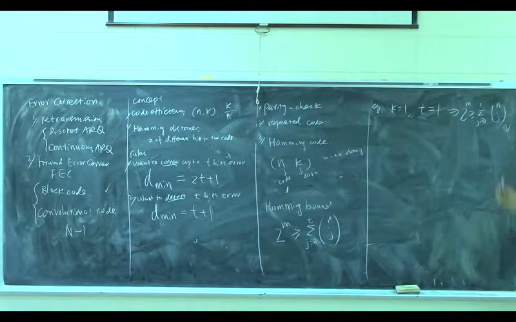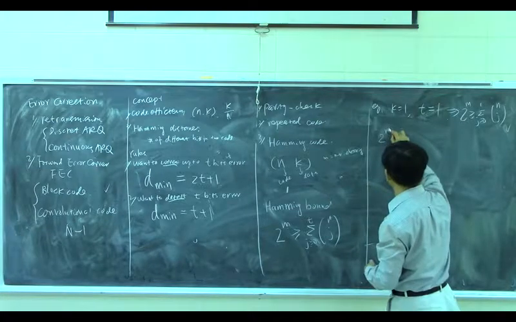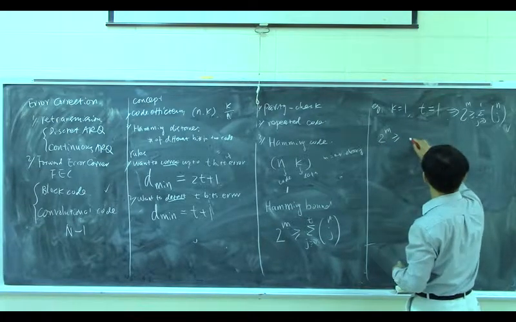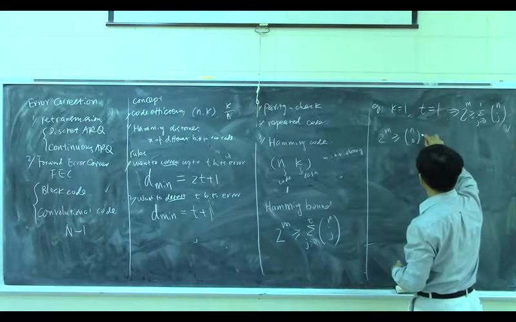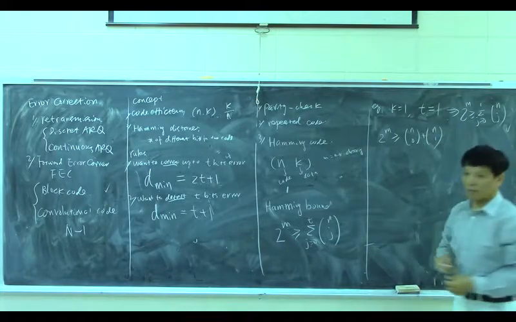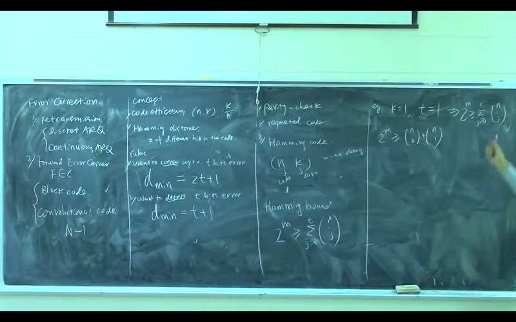How many terms do we have here? 2 terms, right? j equals 0 and j equals 1. So that means 2 to the m is greater or equal to n choose 0 plus n choose 1. We have only 2 terms, j equals 0, j equals 1.